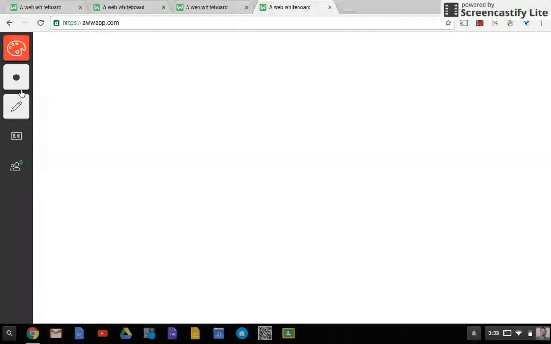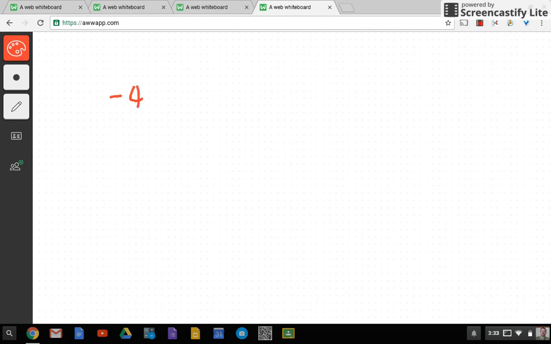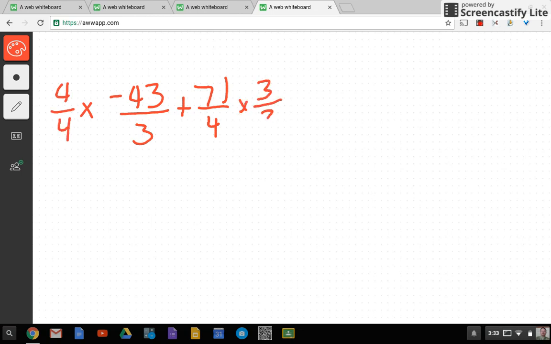You should have enough room in your booklet because I did in mine. So what we had was a negative 43/3 plus 71/4. Now to get a common denominator, multiply over here by 4/4 and over here by 3/3, because my least common multiple is 12. So this is a negative 172/12 plus 213/12.